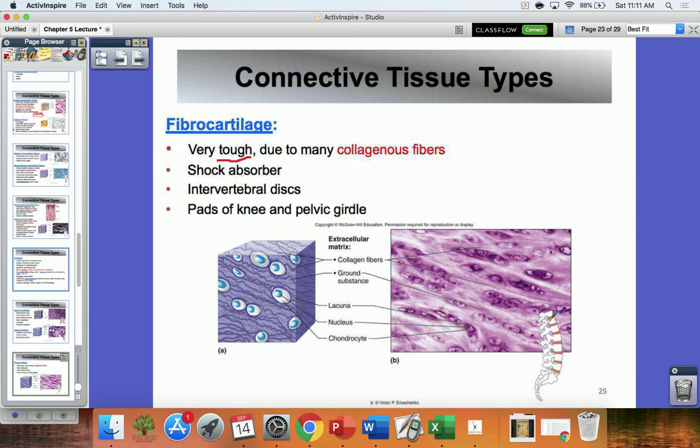So between each vertebrae, this kind of red-orange section, that's cartilage that's there. It's there to kind of absorb the shock, to make it easier when we move around. We don't want to disturb the spine that's there. Also, we have it in parts of the pelvic girdle and knee as well.